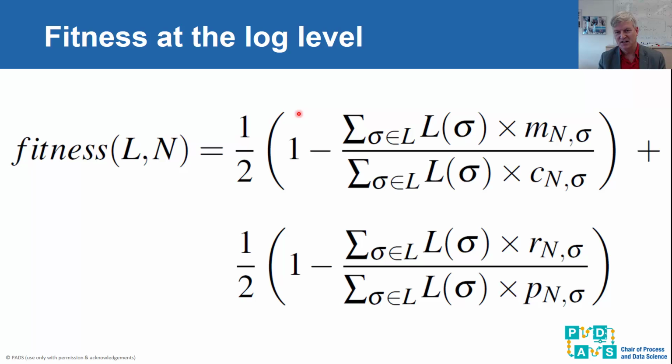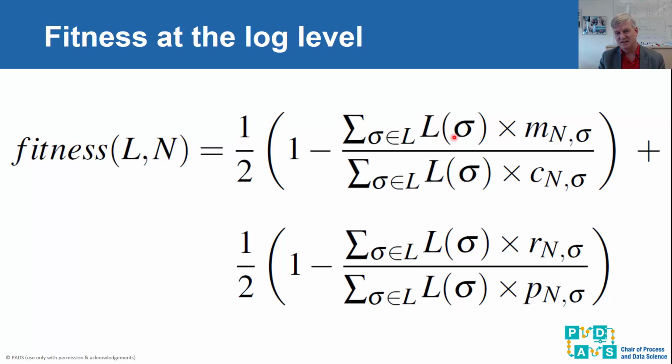And this formula looks scary, but it is actually not scary at all, because we are basically summing all the missing tokens over all the different variants that we see in the log. And of course, if there are multiple cases having exactly the same, let's say, sequence, we should count that multiple times. And so note that L is a multiset.